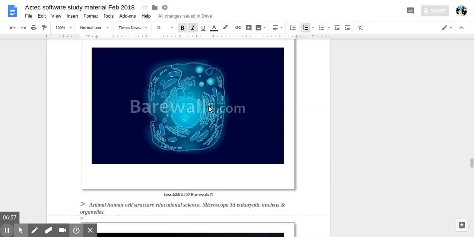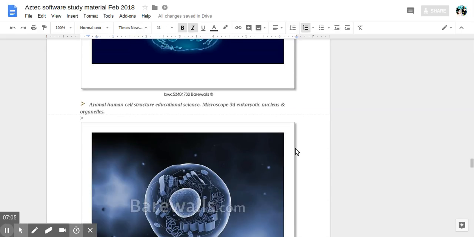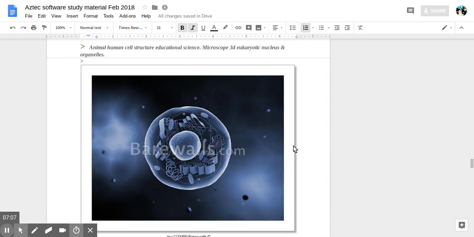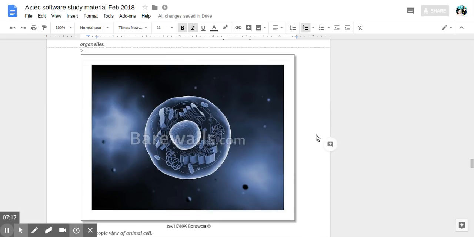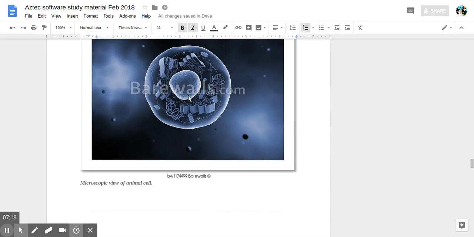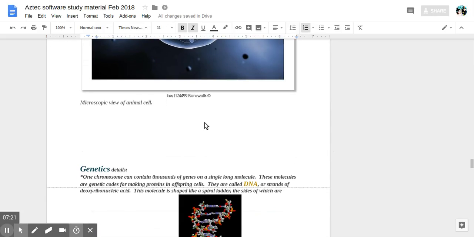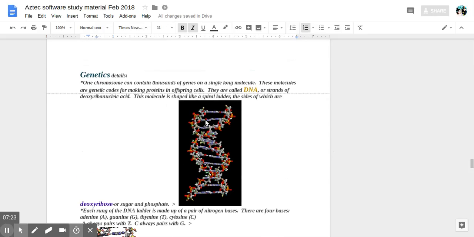These are endoplasmic reticulum. Further away, you have the Golgi apparatus, etc. Looks very cool. Again, showing a 3D eukaryotic nucleus and its organelles. Very nice graphic. Obviously, the nucleus is the more prominent part of the cell.